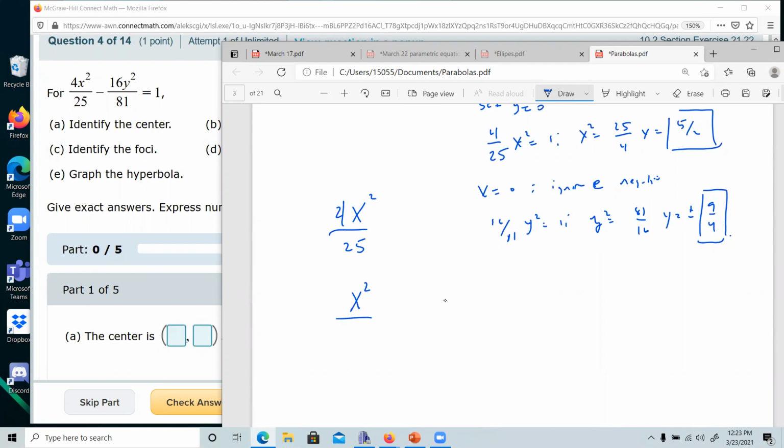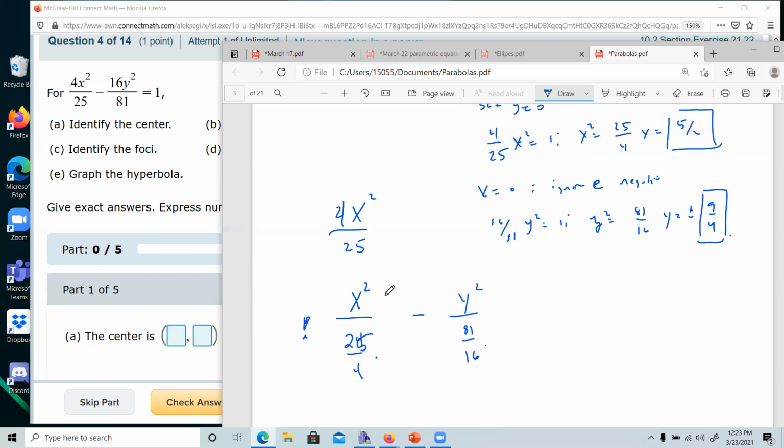That's really x squared over 25/4, minus y squared over 81/16. So here is where we're going to have to deal with the fact that a squared and b squared are going to look like this rather than just pulling off the bottom number. This is the only thing that's a little bit different.